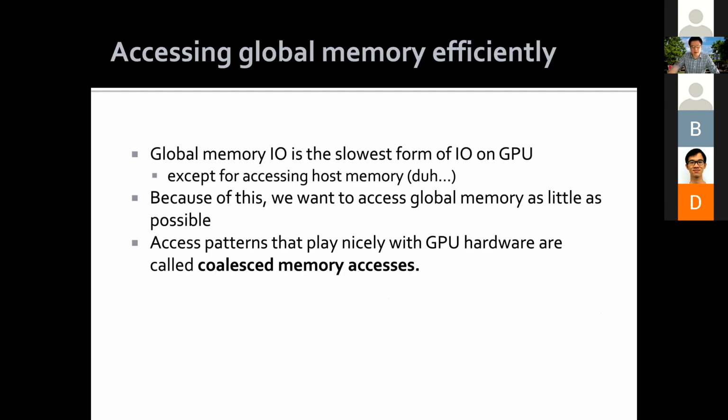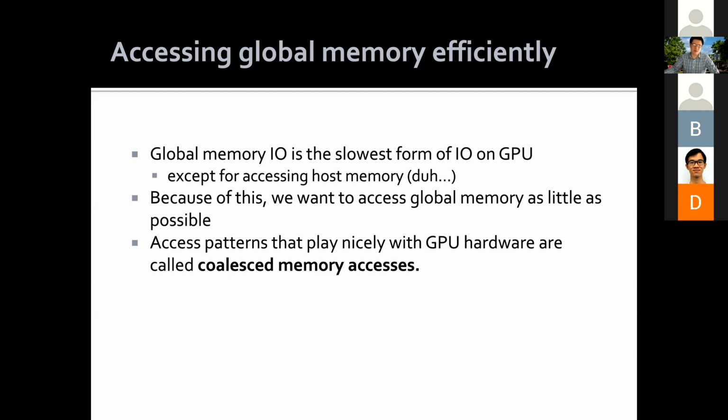Global memory I/O is the slowest form of I/O on the GPU, except for accessing the host memory. Even though I mentioned global memory is the fastest, global memory I/O is the slowest for the GPU device itself.